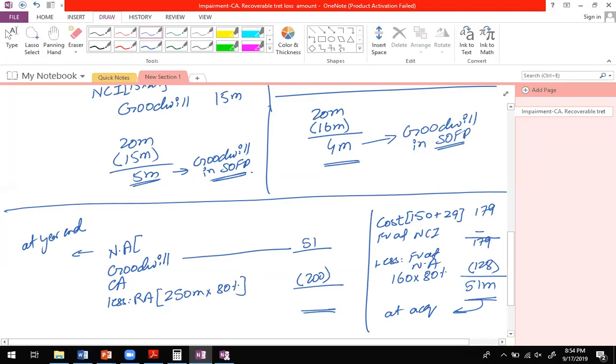So how can we calculate the net assets at the year end? Can anyone tell this? How can we calculate the net assets at the year end?